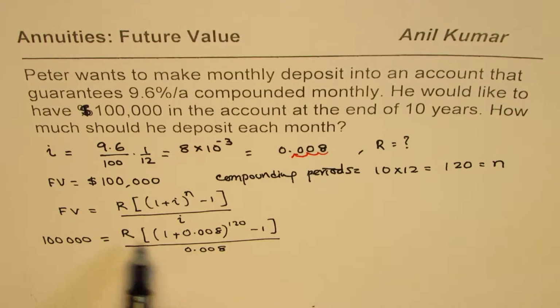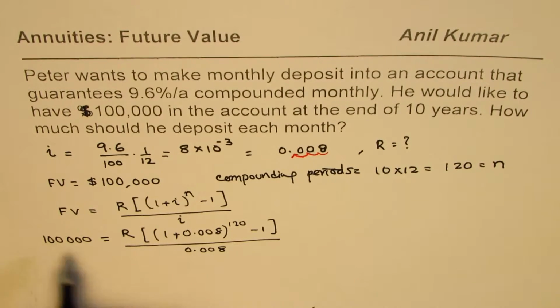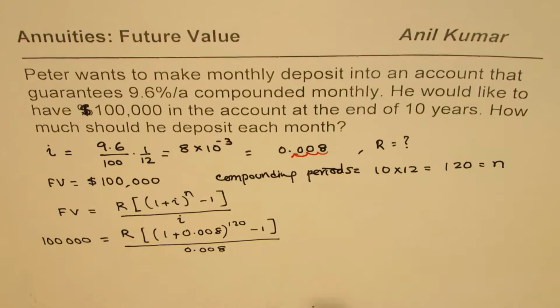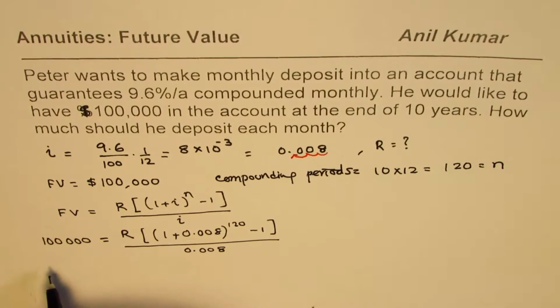Now it is a question of rearranging this formula and finding the answer, right? So what we can do is multiply this 100,000 by 0.008 and then divide by this number, correct?